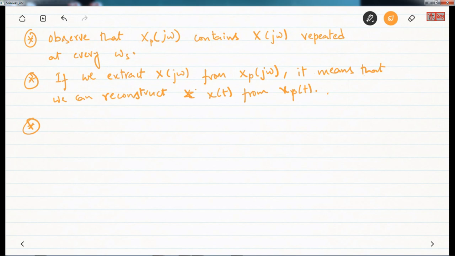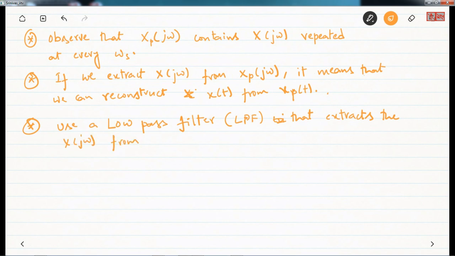So what do we do? Use a low pass filter. This low pass filter, we will call it as LPF. Use a low pass filter that extracts x of j omega from xp of j omega.